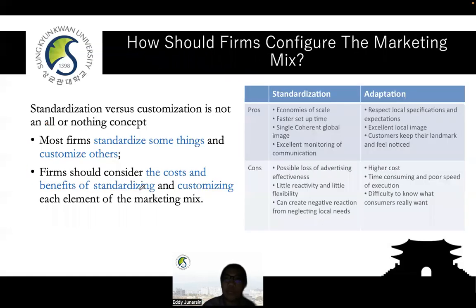So how should we configure the marketing mix? Standardization or local adaptation? You see some pros and cons here. With standardization, we standardize everything. We don't make many differentiations in the marketing mix. We could achieve economies of scale more easily, because all the effort is standardized for the whole world.